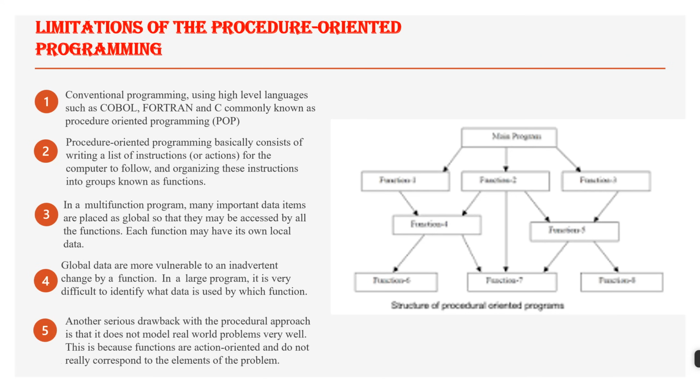So mainly what we have understood in this discussion is, multiple functions confuse a developer in tracking. Second, the data, either it is local data or global data. What is the value of the data inside a function, outside a function? It is difficult to identify. Then global data are more vulnerable.